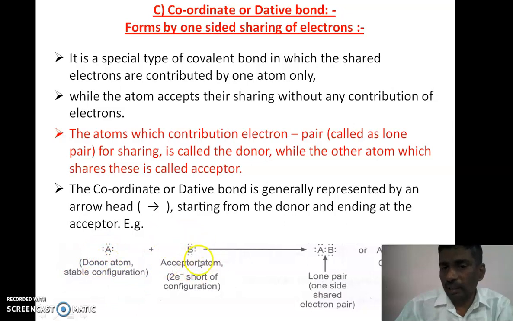Another atom is the acceptor, which has a deficiency of electrons and is unstable, so it accepts the electron pair and forms the bond. This pair of electrons is known as the lone pair, or one-sided sharing of electrons, and forms the bond A gives B, that is a coordinate or dative bond.